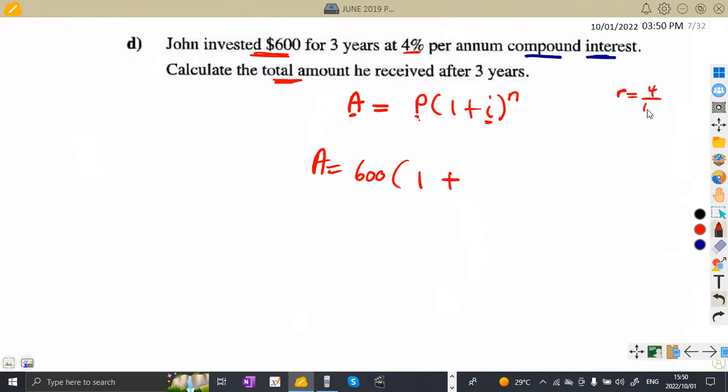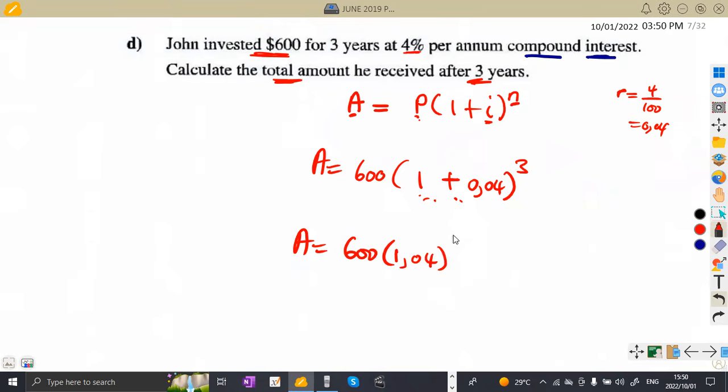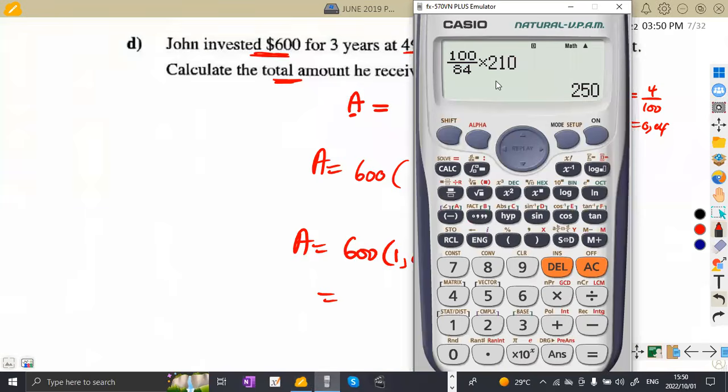So it's 4 over 100, which is 0.04, to the power of n, which is the number of years. So n is representing the number of years, which is 3 years. That's it. We can use our calculator to simplify. The amount is equivalent to 600 times, if we add these two, we obtain 1.04 to the power of 3. So this one is you guys and your calculator to simplify this part.